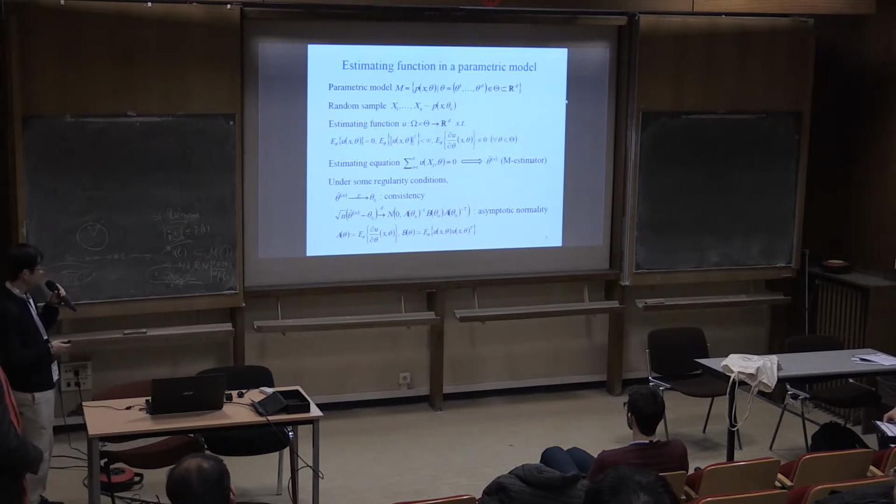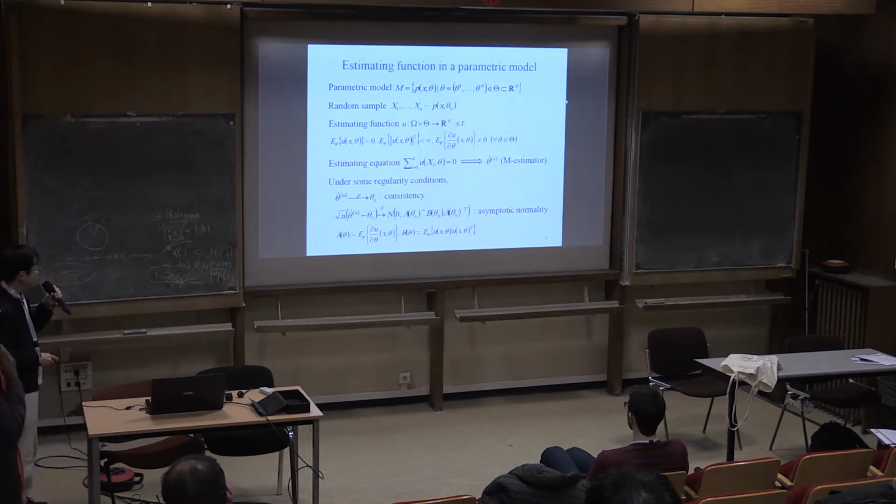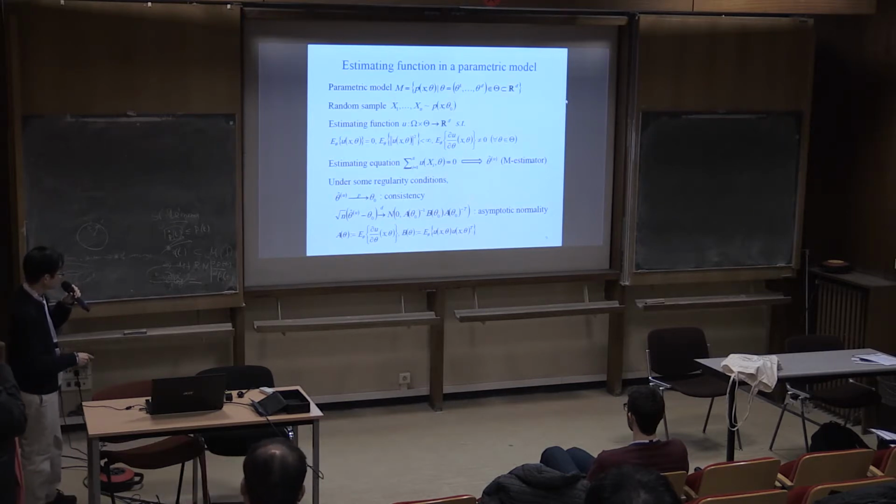If we are given some estimating function, then we construct the estimating equation. By solving this estimating equation, we obtain the M-estimator. Under some regularity conditions, this estimator has consistency and asymptotic normality, with the asymptotic variance-covariance matrix given by this sandwich form.